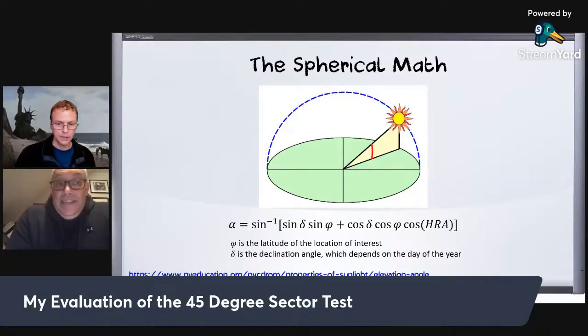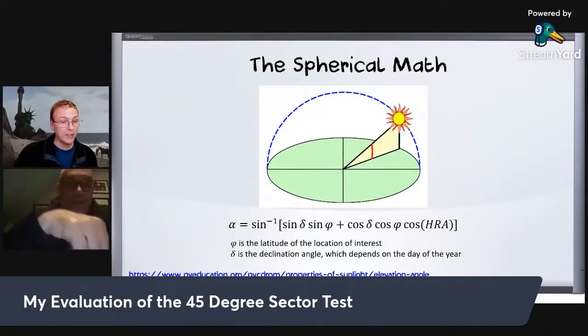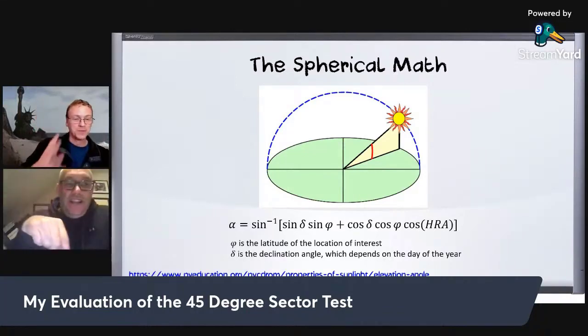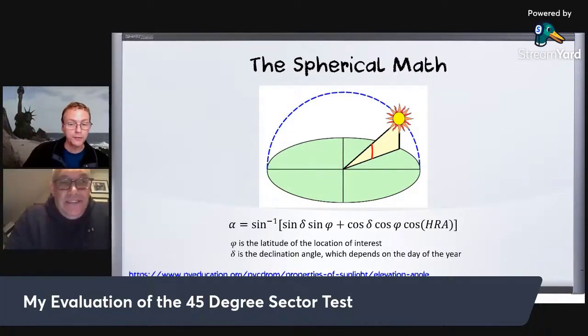So correct. That's right there, HRA. Tell me I don't understand it. It's right here. Yeah, that's what I'm saying. 45 degrees, especially when you're looking down at your rings along the equator. Exactly. That's where the 45 degrees goes right here in the HRA.